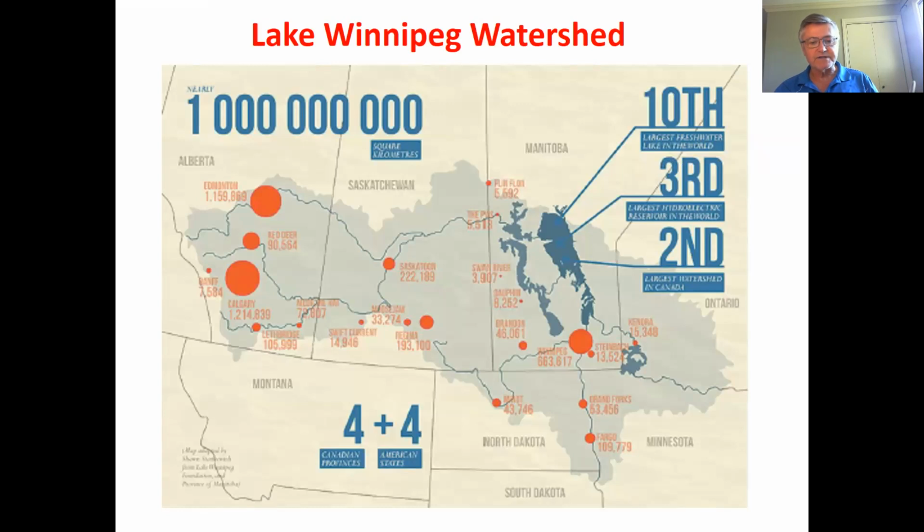I wanted to start with this story from Canada. The second largest river basin in Canada is the Lake Winnipeg watershed, which drains all the way from the British Columbia border in the far west, through Alberta, through Saskatchewan, through parts of Manitoba to Lake Winnipeg.